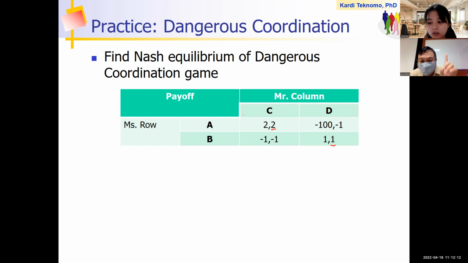Now you say, okay, now I play as Mr. Column. Mr. Column said C. What will Miss Row do? Mr. Column said, I play C. So Miss Row will compare 2 and minus 1, correct?